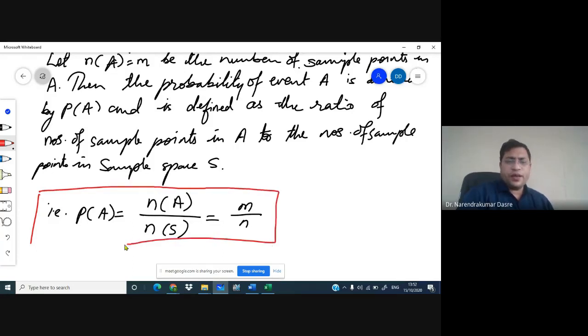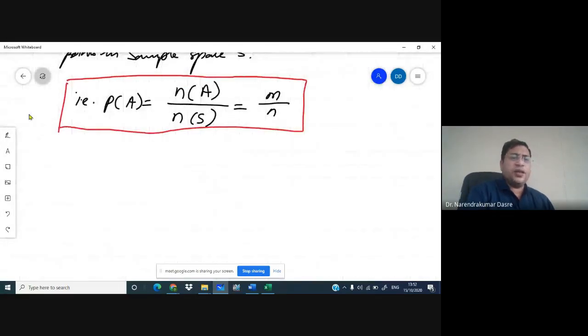This is how we are able to define the probability for any event.